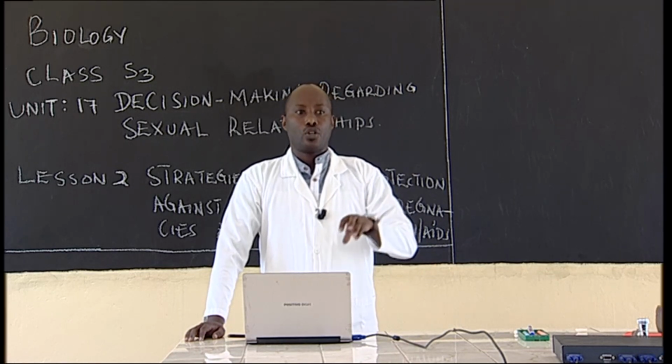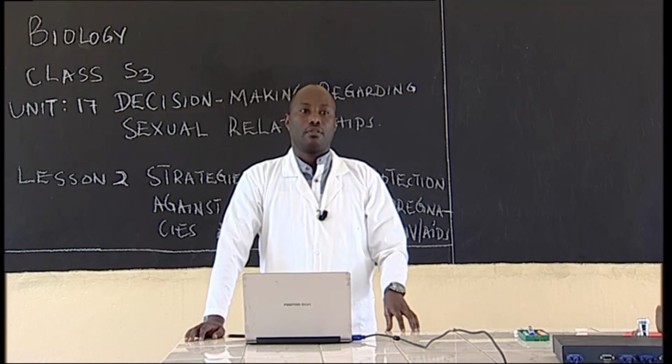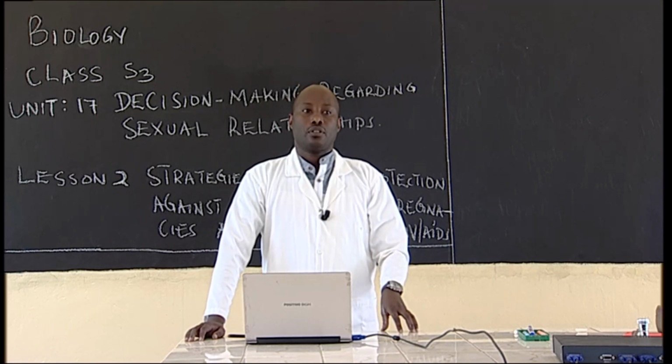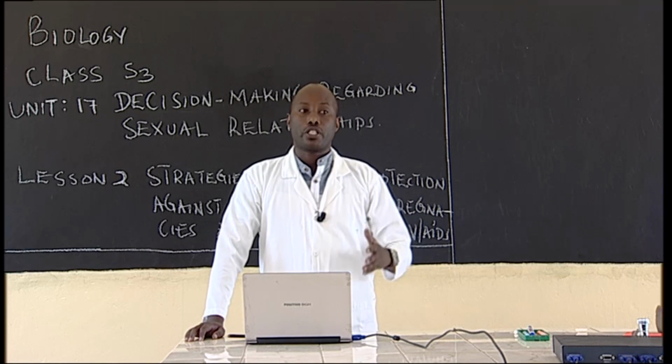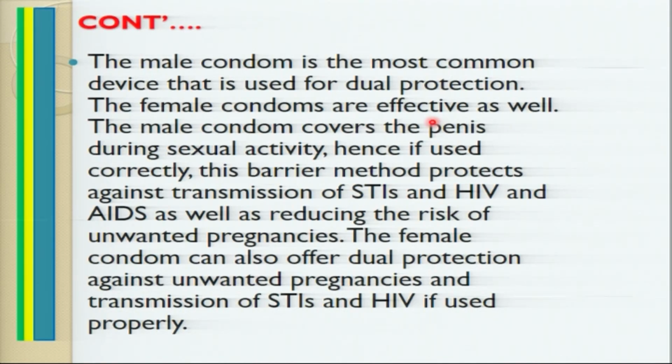The male condom covers the penis during sexual activity. Hence, if used correctly, this barrier method protects against the transmission of STIs and HIV/AIDS, as well as reducing the risks of unwanted pregnancies.